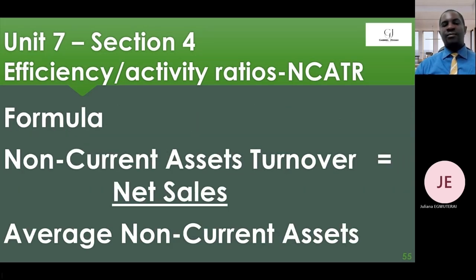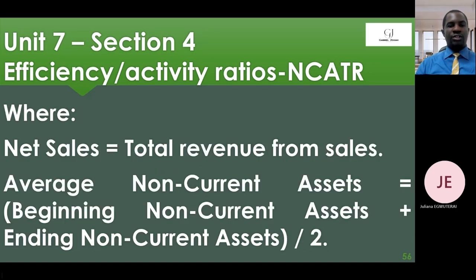So the revised formula is net sales or revenue divided by the average non-current assets. The average is always a good picture to look at: the beginning and the ending divided by 2. But where you don't have comparative years, you can just pick the normal figure for your calculation.